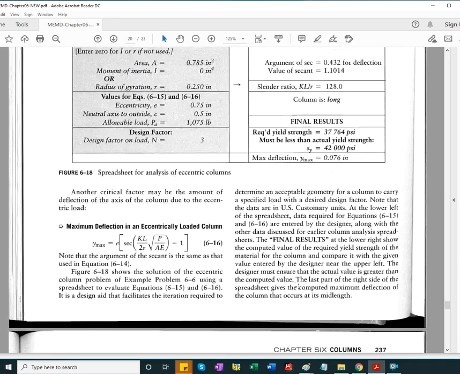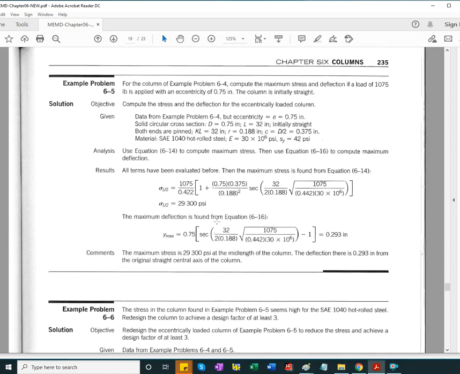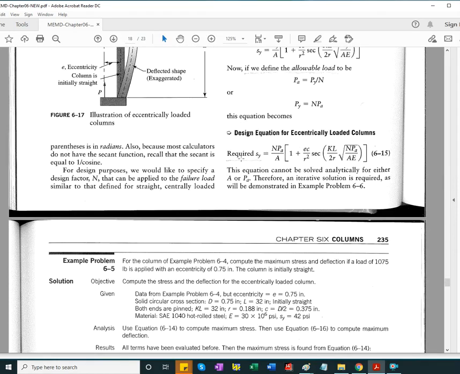So in addition, there is an equation that allows us to relate the yield strength of the material to the admissible load. So you essentially apply this equation to choose the material.